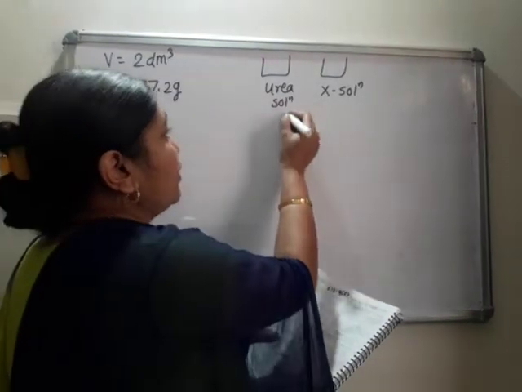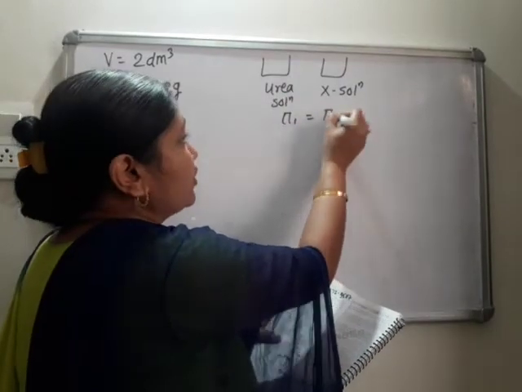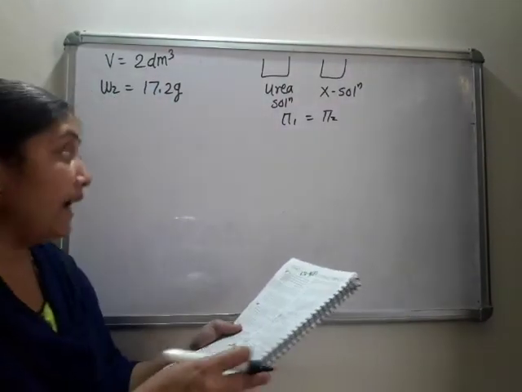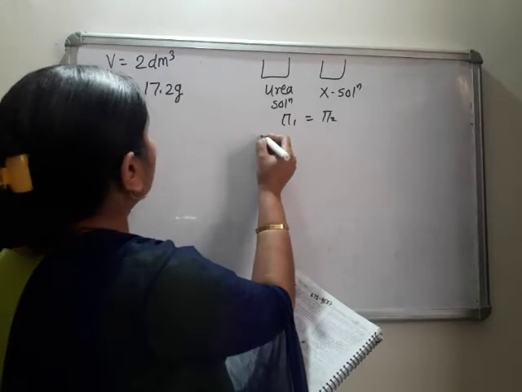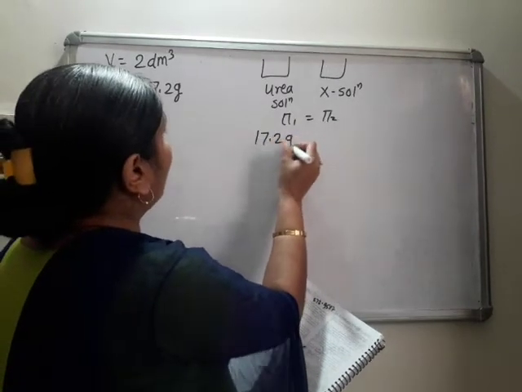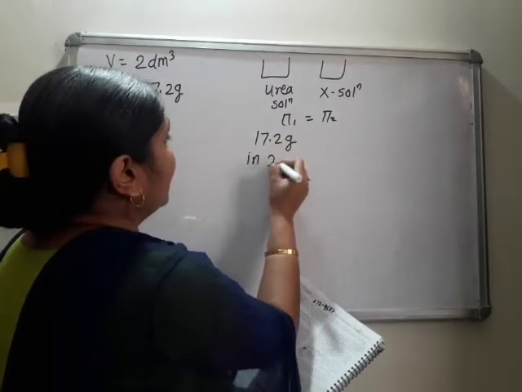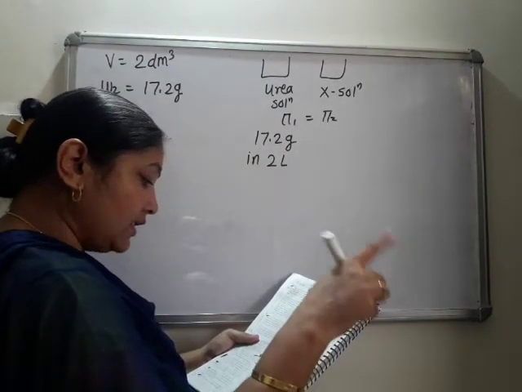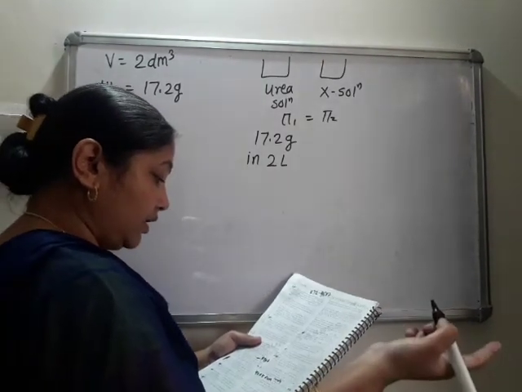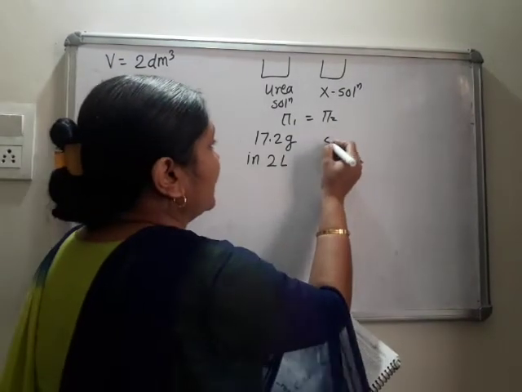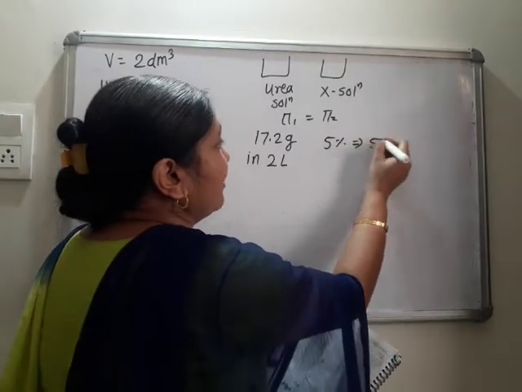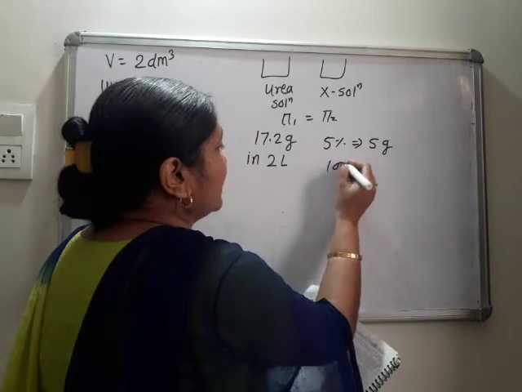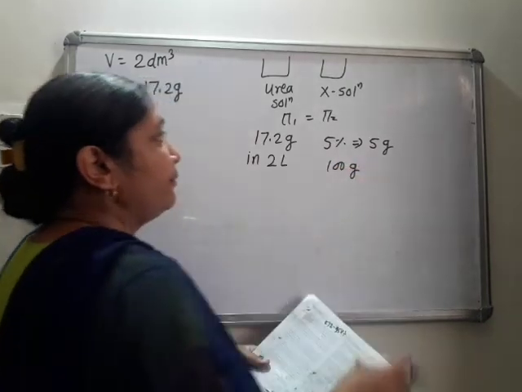These two are isotonic, means pi 1 is equal to pi 2 and its concentration is given as 17.2 gram present in 2 liter, and here they have given its concentration as 5% non-volatile solute. 5% means 5 gram present in 100 gram.